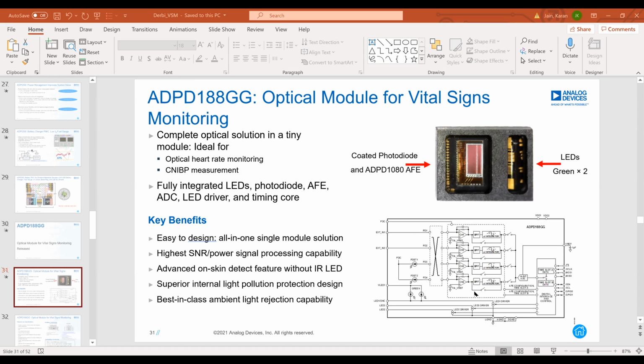We can look on a case-to-case basis at what portion can be shared with the startups to build their own algorithm on it. So in short, I would still say the onus on the algorithm relies on the end user. From ADI, we take care of the complete sensor signal conditioning. So yeah, is it clear?